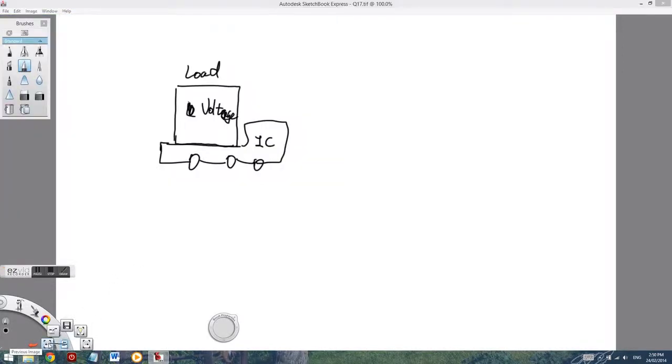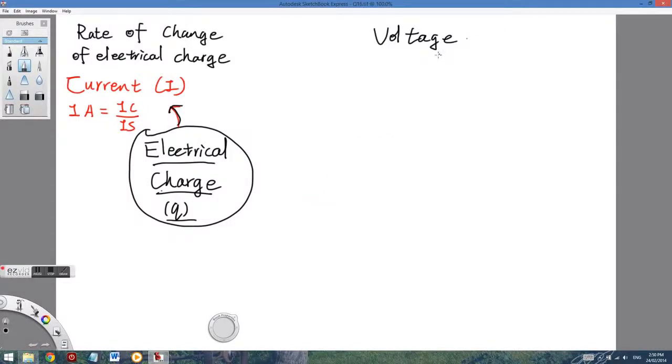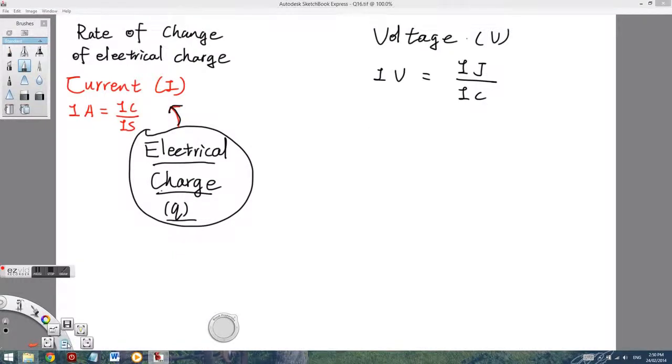So let's go back to understand it. Voltage is measured in volts. 1 volt is basically 1 joule of energy per coulomb.